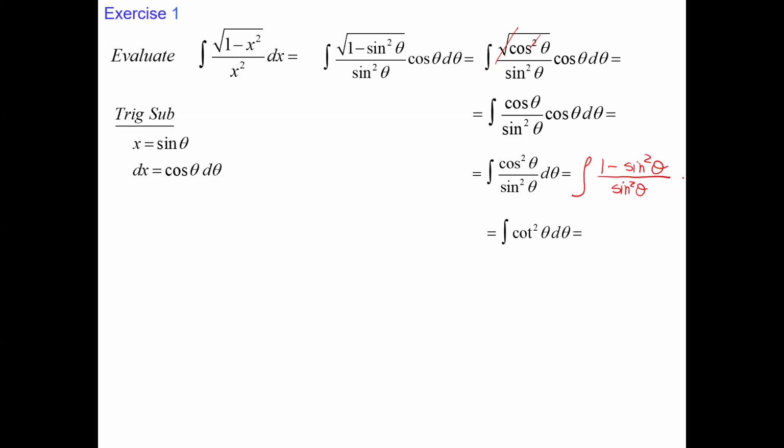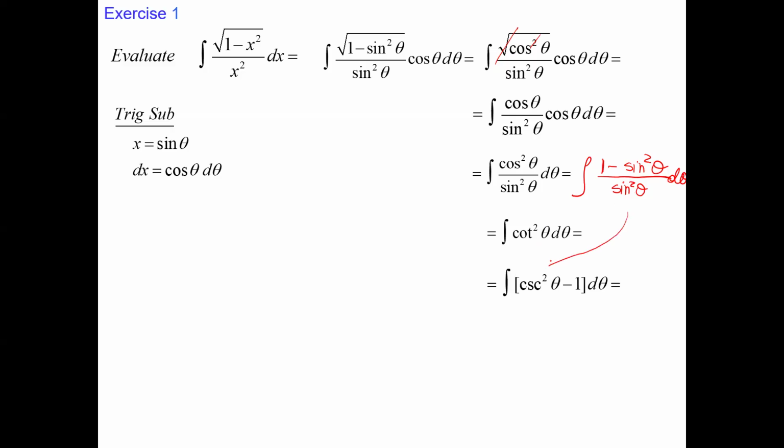We have to integrate. Cotangent squared theta has a formula: cotangent squared theta is equal to 1 over sine squared theta, which is cosecant squared theta, minus sine squared theta over sine squared theta, which is 1.